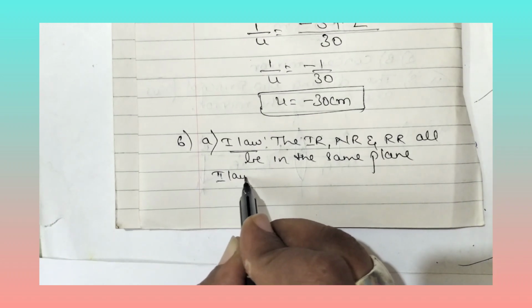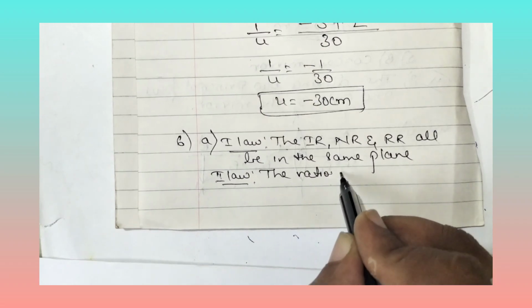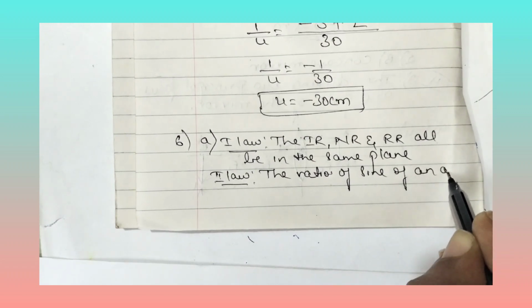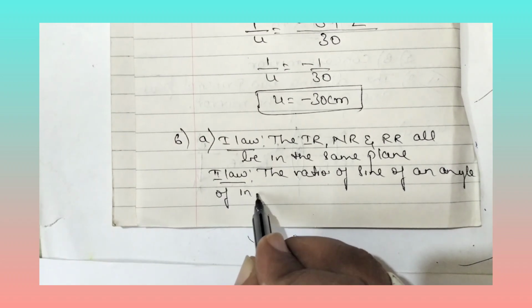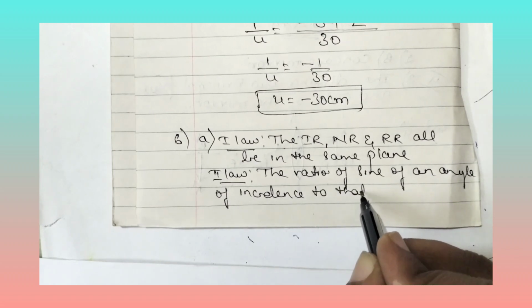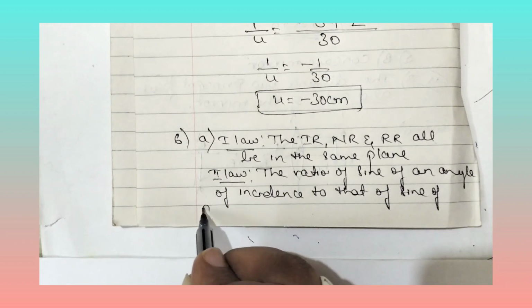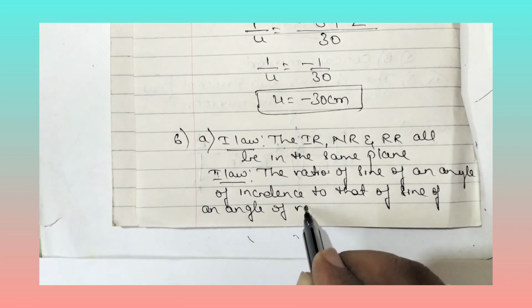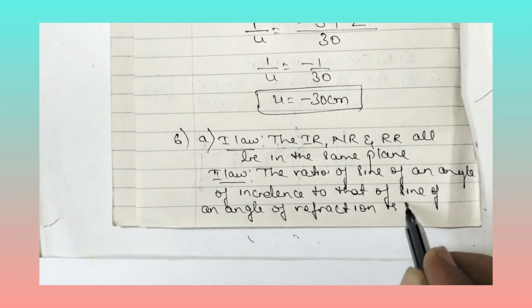Then second law, the ratio of sine of an angle of incidence to that of sine of an angle of refraction is constant.